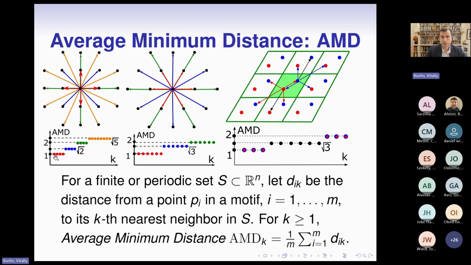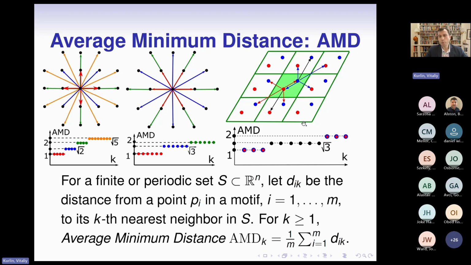So write them down with values equal to 1. Then the neighbors at diagonal corners are at distance √2. We continue writing down these distances, and that's how we get this infinite sequence of distances to neighbors for the square lattice. For the hexagonal lattice, it looks a little bit different.